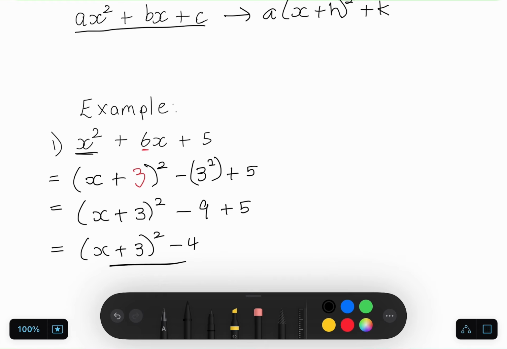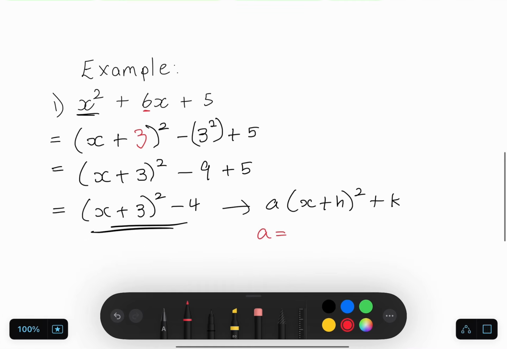So here, this is in the form a(x + h) squared plus k, where in this case a is 1, the coefficient of x squared, h is 3, half of b, and k is minus 4. All right? And that's your completed square.